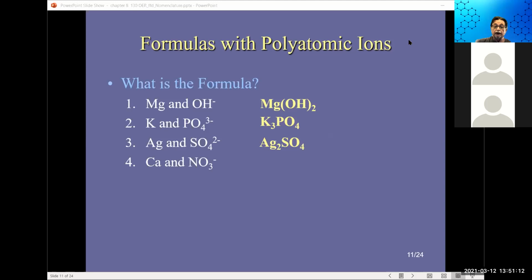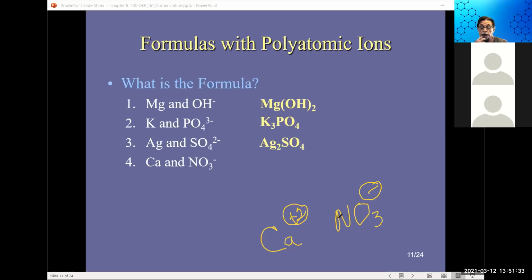Okay, here we have the calcium atom. We need to break it down to ions first so we know what we're dealing with. The calcium is a +2. It's a group 2 metal. We lose 2 electrons.